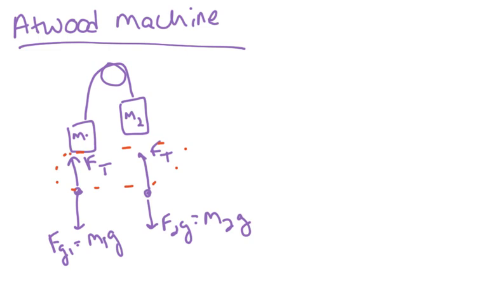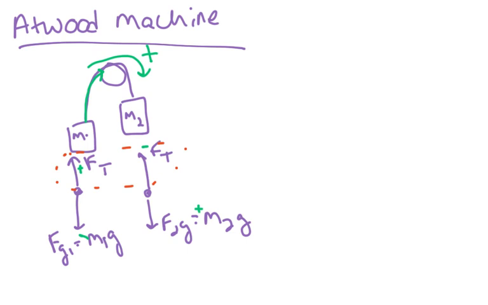It's really important when doing pulleys to decide the direction of motion and call that positive. So if I decide to call clockwise positive here, that means that's a positive force, that gravitational force on mass 2. It's a negative force on the tension there, which makes this one a positive force on the tension because that tension's going up and in that direction, and then a negative gravitational force down here.